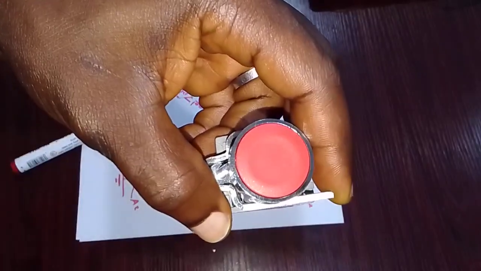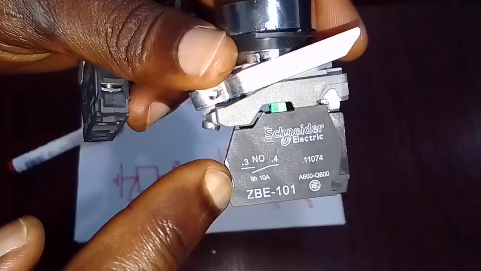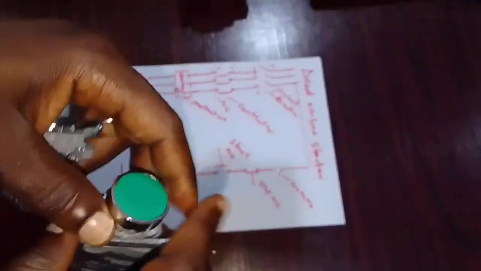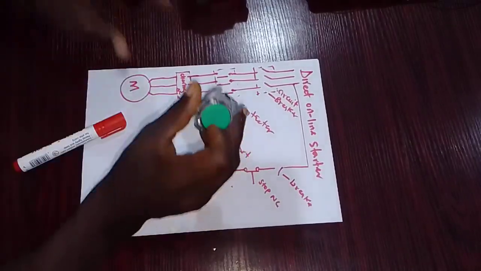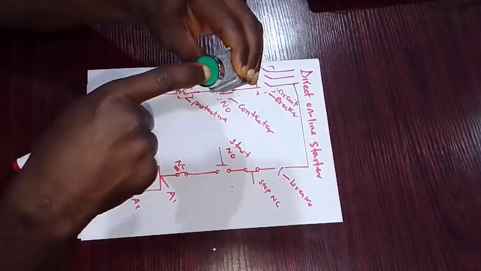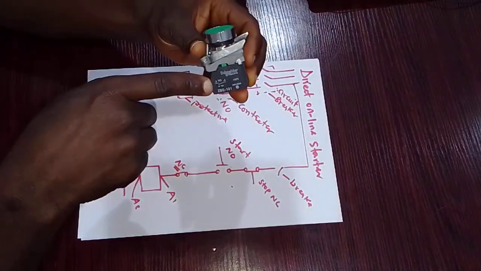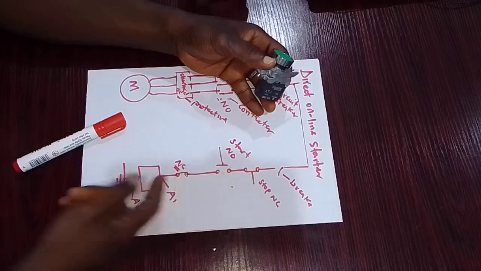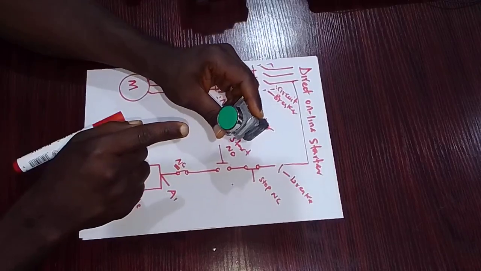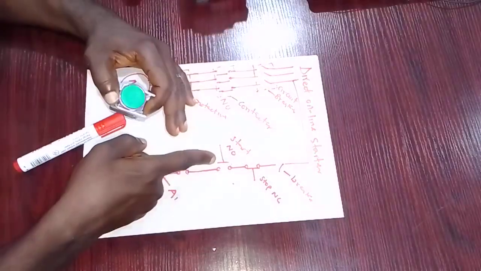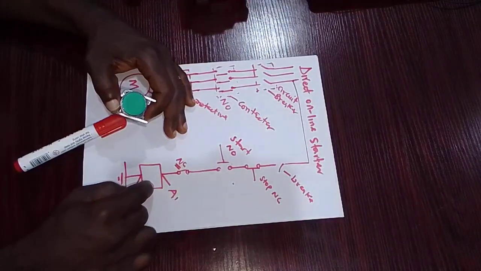As for the start push button, if you see the inscription, it is normally open, which is NO. Now, what I'm trying to explain here is that when you push the start push button, the normally open contact becomes closed, and current is allowed to flow to energize the coil. When you release the start push button, the circuit opens, which de-energizes the coil.